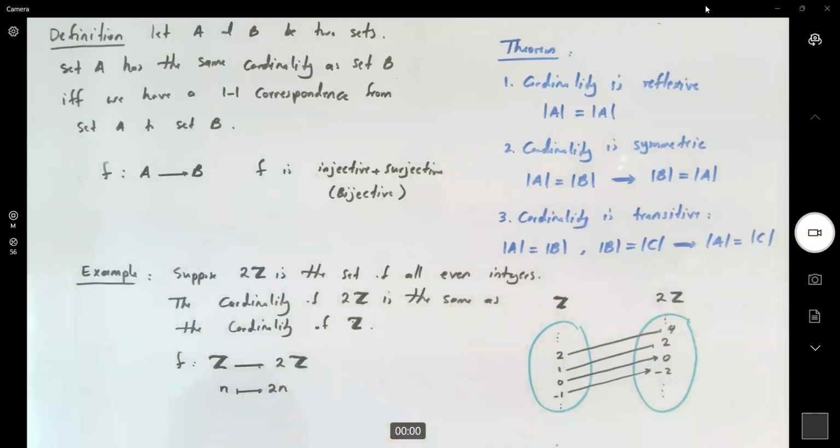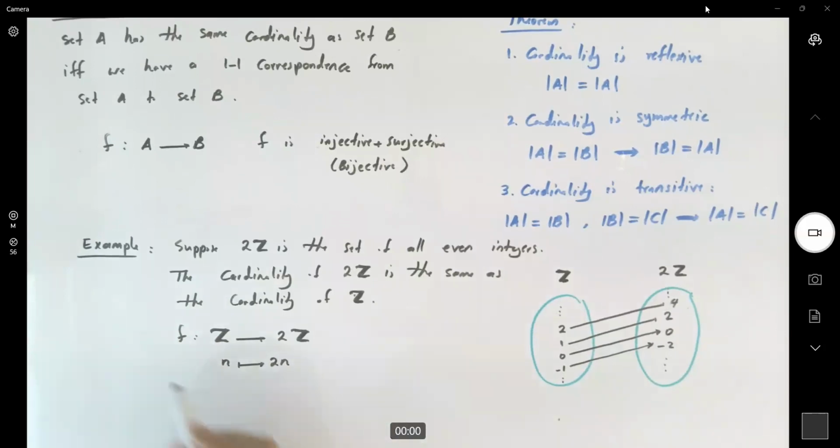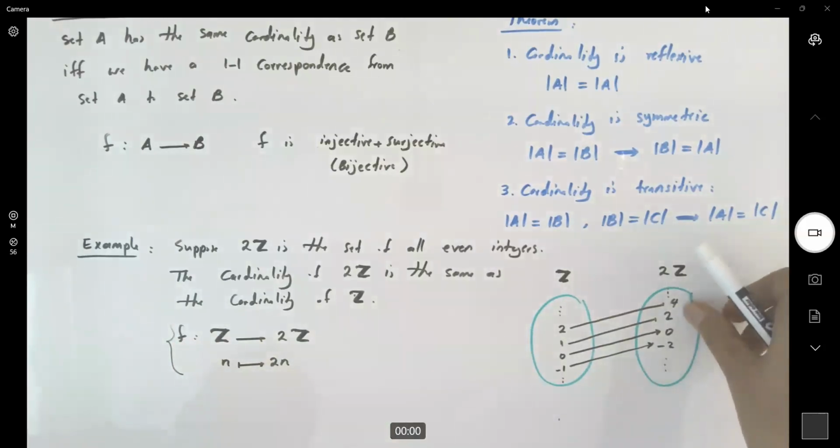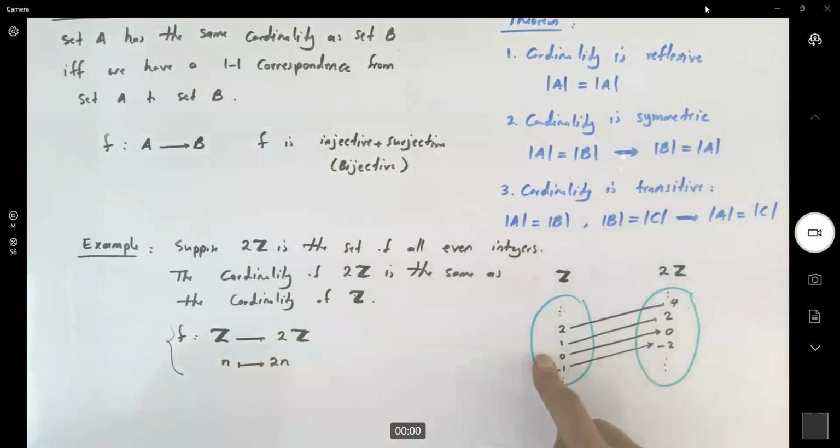So is this a one-to-one function? I just introduced a function. This function is one-to-one, and also it is onto: for any y value, I can definitely find an x value such that x is mapped to y by this function. Obviously, this is a one-to-one function as well.